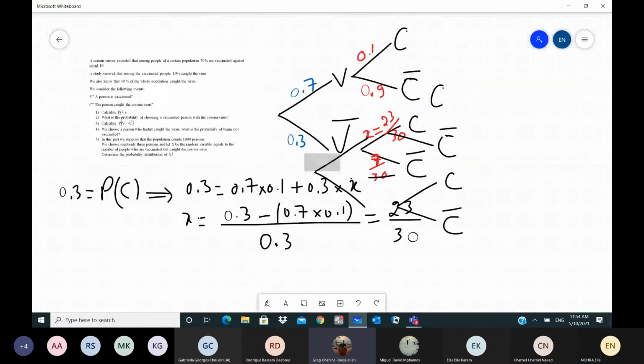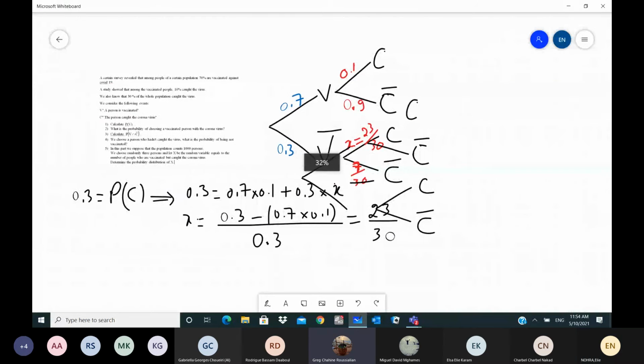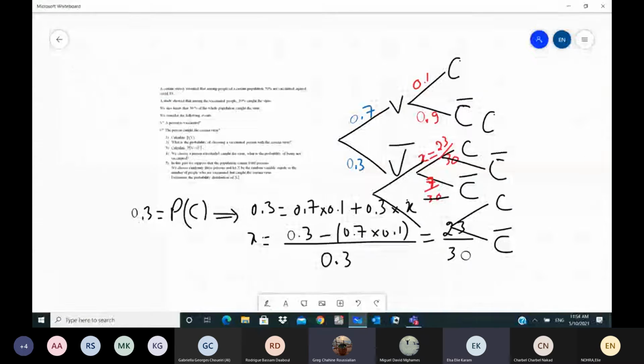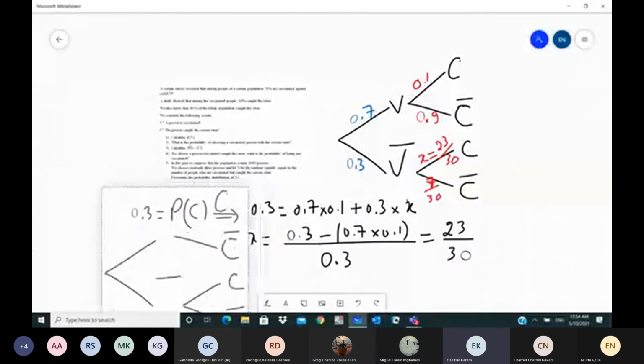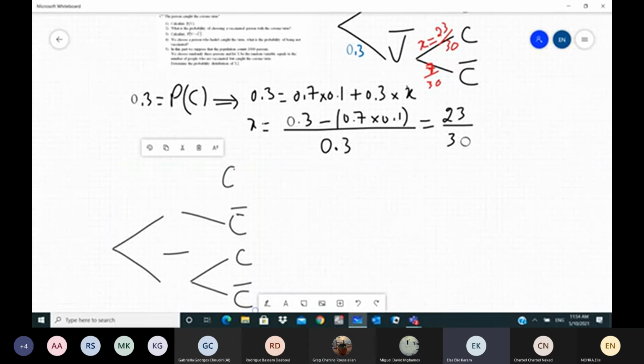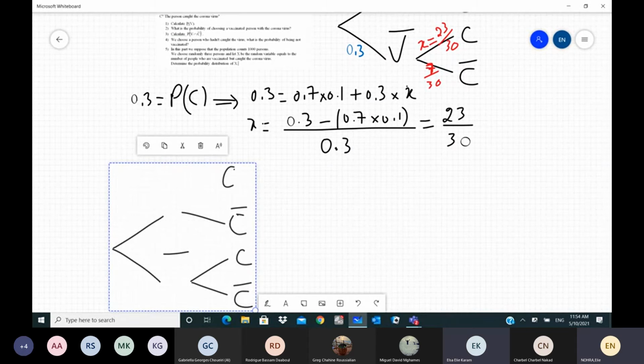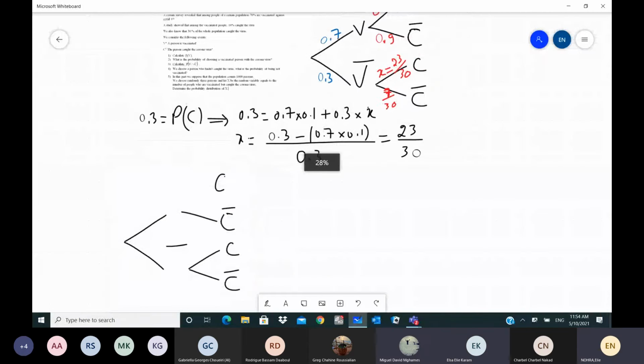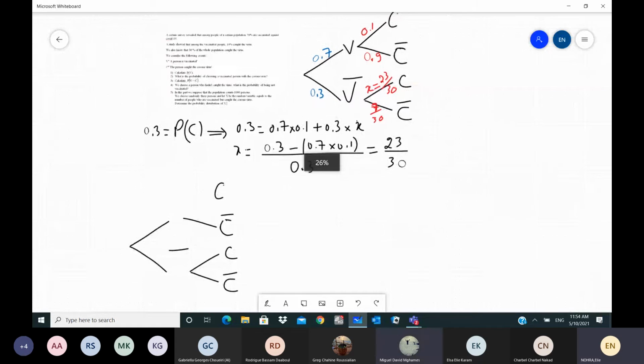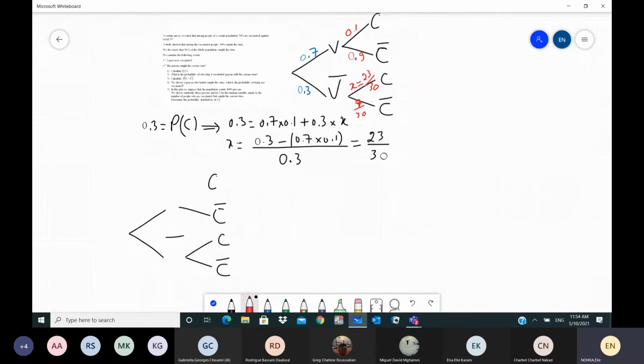Can you hear me? Yes. But sir, there are two tree diagrams on top of each other. I'm fixing this issue. Okay, never mind. I'm just fixing this issue because I need to. You know what, let's do it like this.